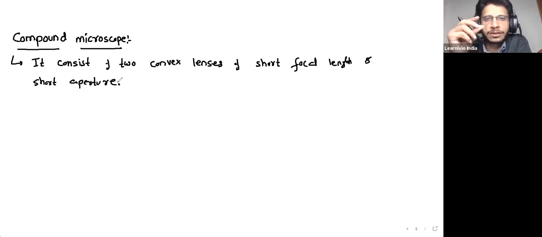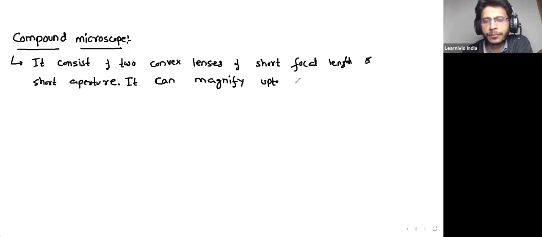Both the convex lenses have short focal length and short aperture. Aperture means size, so the size is small. It can magnify your image up to 1000 times. This is your compound microscope.